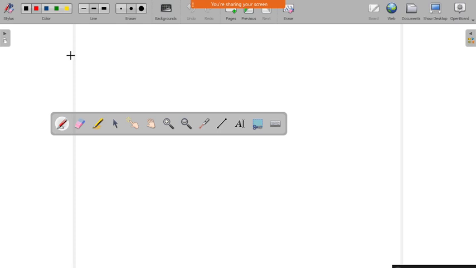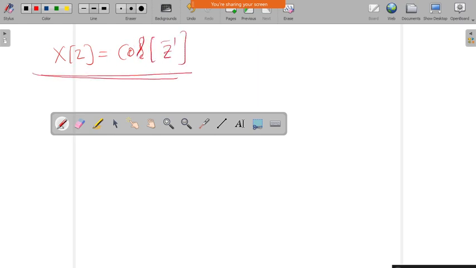Take this X of z which is equal to cos of z, not inverse, cos of z inverse. So take this function and try to find the inverse Z transform by the power series expansion method.